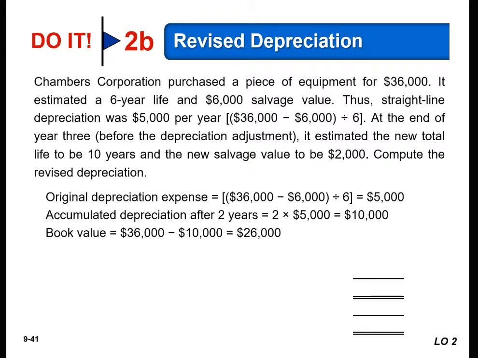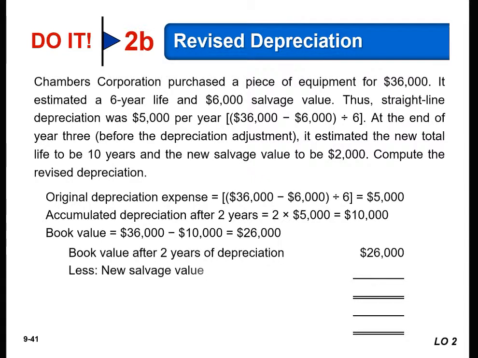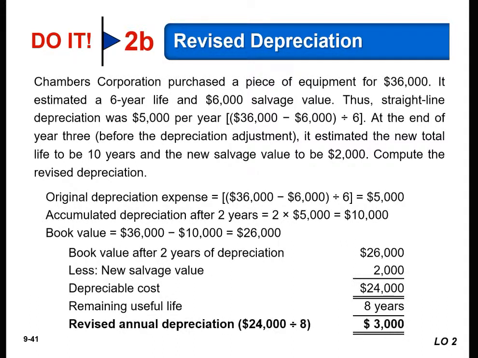This gives us a net book value at that point of $26,000. If it's going to have a salvage value at the end of its life of $2,000, this is our revised salvage, that gives us a new depreciable cost of $24,000. If the new total life was to be 10 years and we have depreciated 2, that means that we have 8 years left and an annual depreciation of $3,000.